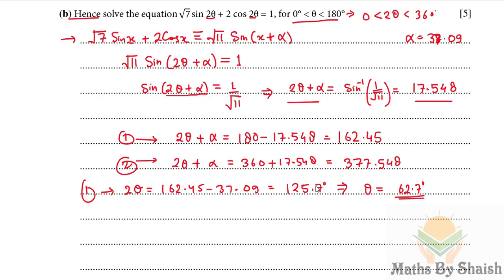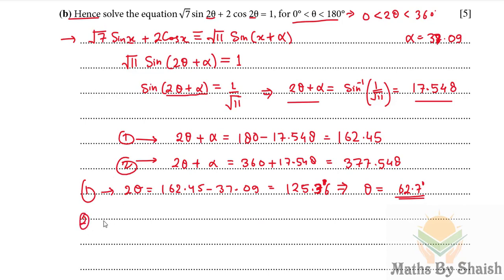We can see it is not the last answer, so we should write 36, not, it was 36. I have written it in the wrong way actually, so it is 125.36 only, and then theta is 125.36 divided by 2 and corrected to 1 decimal place, it is 62.7.